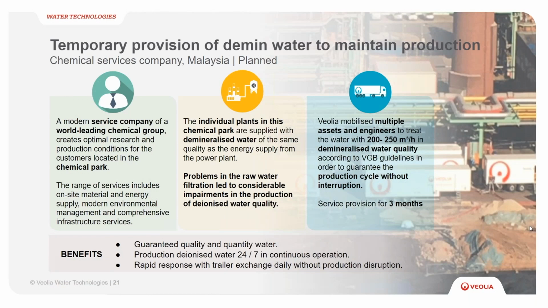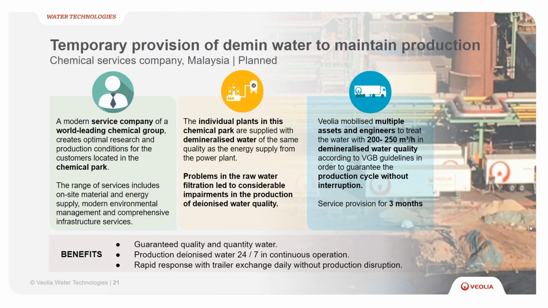So Veolia mobilized assets and engineers to treat 222 cubic meter per hour of demineralized water quality according to the guidelines of the local authorities here in Malaysia, to guarantee the production cycle without interruption, and we served it for 3 months.